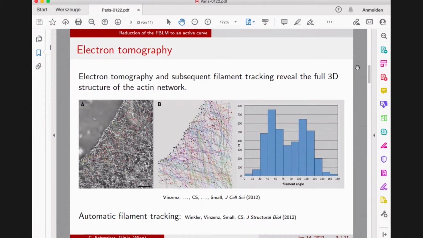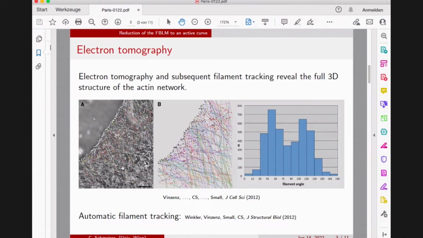I showed before these light microscopy pictures, and I said there was this huge development in microscopy. In particular, we have for a long time worked with a group of Big Small, who was one of the pioneers of electron microscopy for these structures.